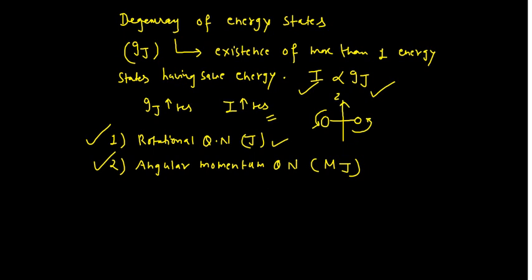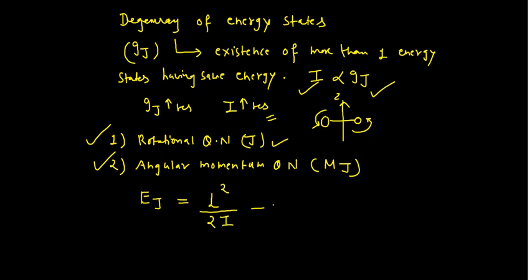If you represent the rotational energy by Ej and the rotational angular momentum by L, the relation is quite simple: rotational energy level Ej equals the square of the rotational angular momentum divided by 2 times I, where I is the moment of inertia.